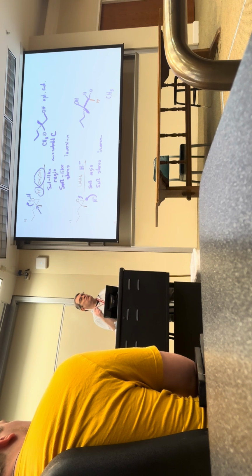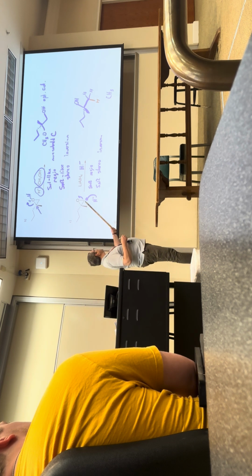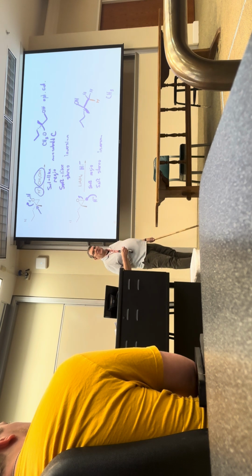Okay. If you do a reaction at a chirality center and it cleanly gives you inversion, it's still going to be optically active. If you do a reaction anywhere other than the chirality center, it's going to generally be optically active.